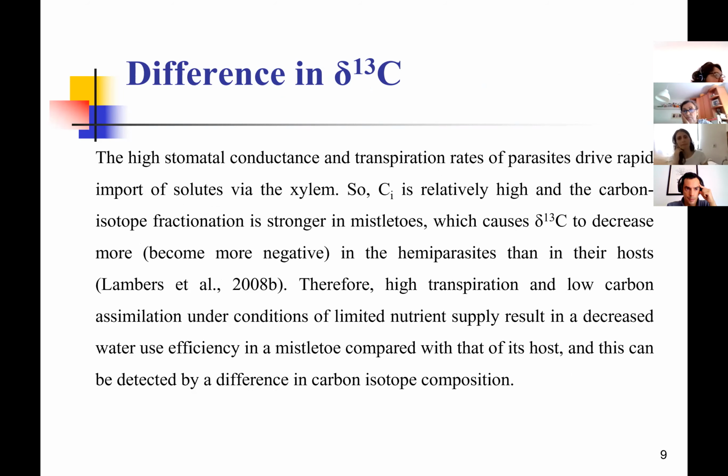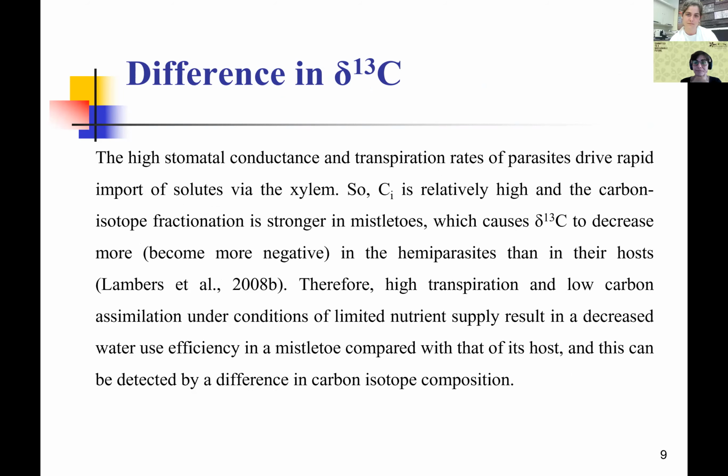The high stomatal conductance and transpiration rates of parasites drive rapid import of solutes via the xylem. So, the intercellular carbon dioxide concentration is relatively high and the carbon isotope fractionation is stronger in mistletoes, which causes carbon-13 composition to decrease more in the hemi-parasites than in their hosts.